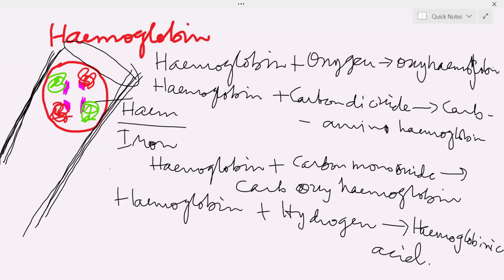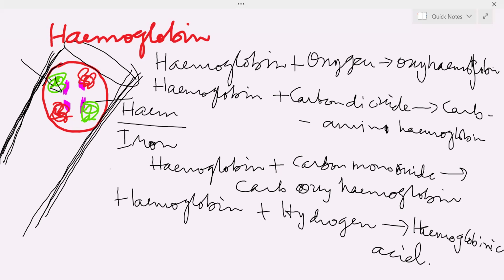Why is the distance of diffusion reduced here? Because the RBC is touching the capillary and hemoglobin is touching the RBC's outer membrane. So the distance of diffusion is much reduced and they easily pass oxygen and carbon dioxide very efficiently, and the diffusion becomes very efficient.